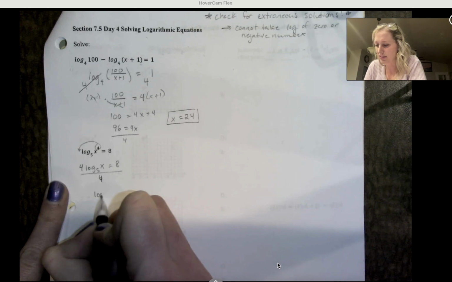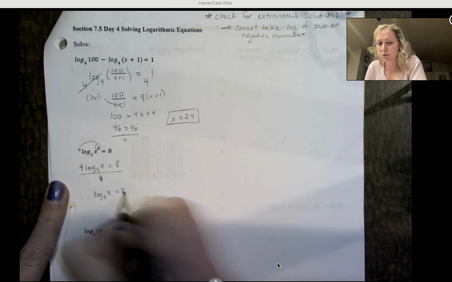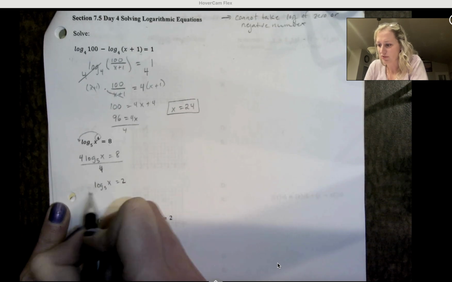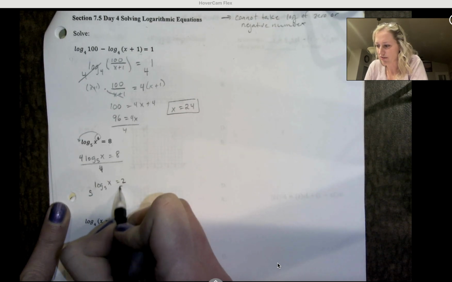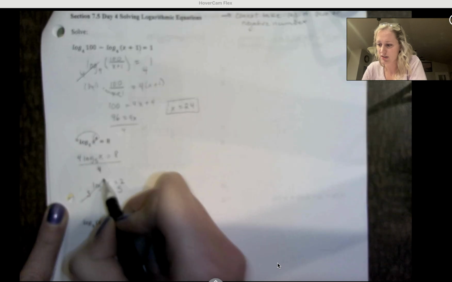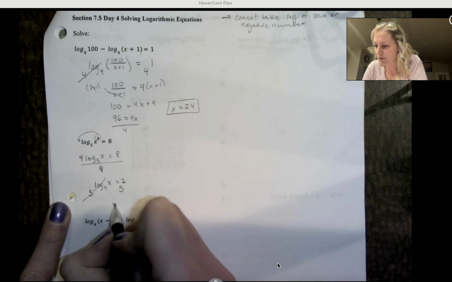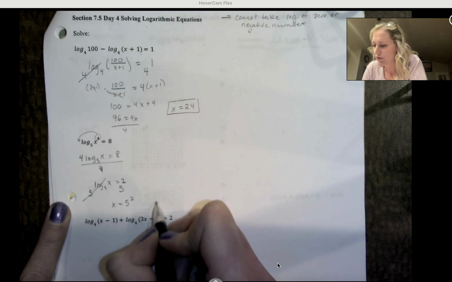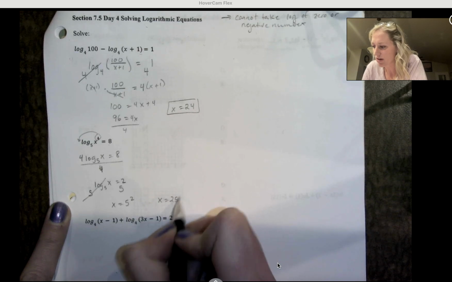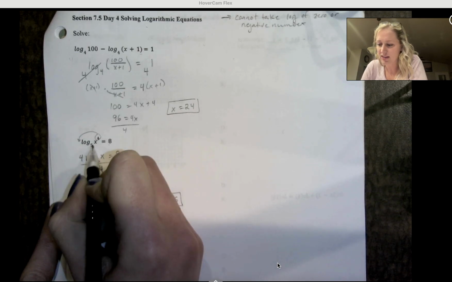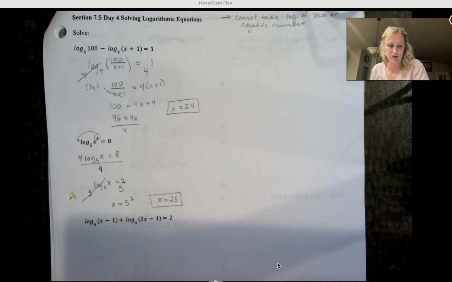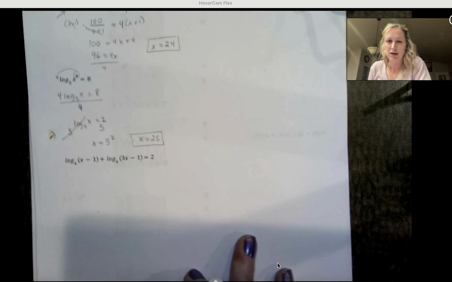So we got log base 5 of x equals 2. Now, to get rid of log base 5, we're going to apply an exponential of base 5 to both sides. Those will cancel here on the left, and we're left with x equals 5 squared. So x is 25. Again, if we were to put 25 back in there, it's positive when we're taking logs, so we are good.